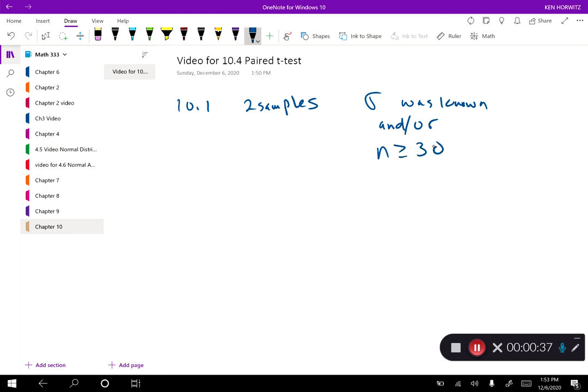And what we found was that if it was greater than or equal to 30, we could use the standard deviation of our sample and still use a z-test.